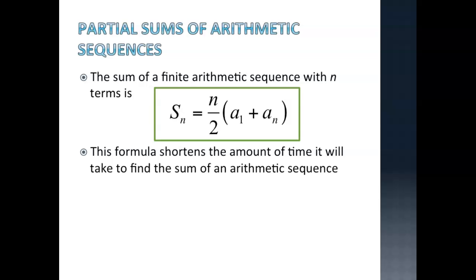What's nice about this formula is that it actually allows you to find the sum of the first 50 terms without needing to find all 50 terms before adding them all together. You just need the first term, and you need the 50th term. You don't need to find the 20th term, the 21st, 22, like you don't need to find all of those terms in order to get your sum. So let's take a look at an example of how this works.